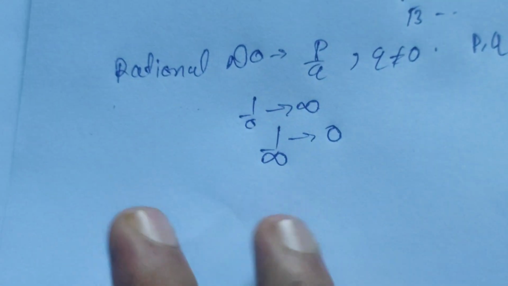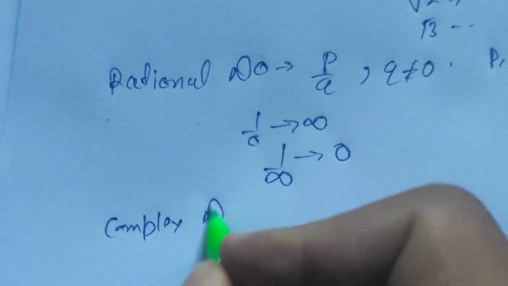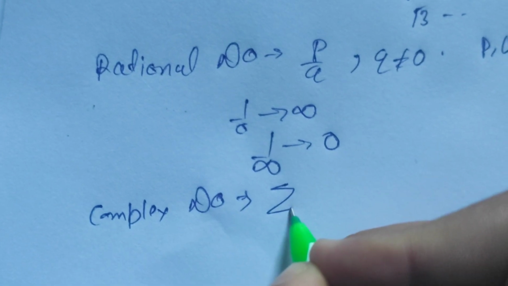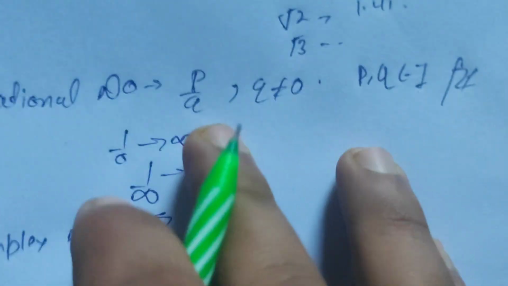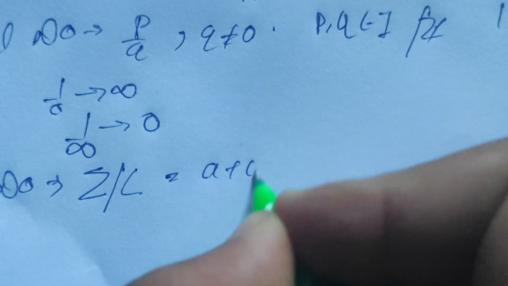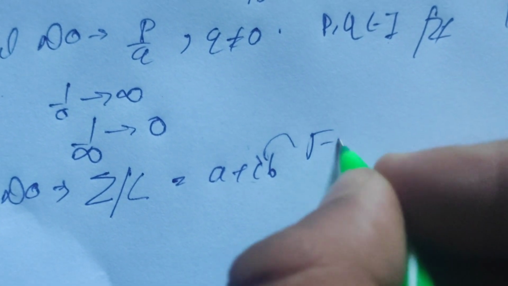And at last, complex numbers. A complex number is denoted by z, that's why we use I for integers. We also use z or c for complex numbers sometimes. A complex number is of the form a plus iota b, where iota is the root of -1.